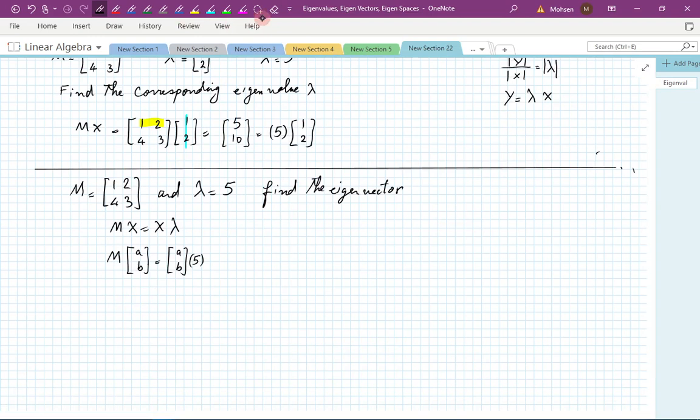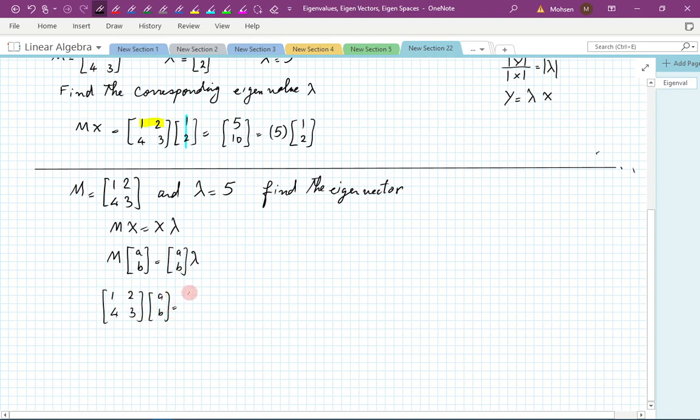Let me just write lambda and then I convert it to numbers in the next round. So my M is 1, 2, 4, 3 times (a, b). This is supposed to be (a, b), and then times 5. Well, let's just go ahead and multiply and convert this to a regular equation.